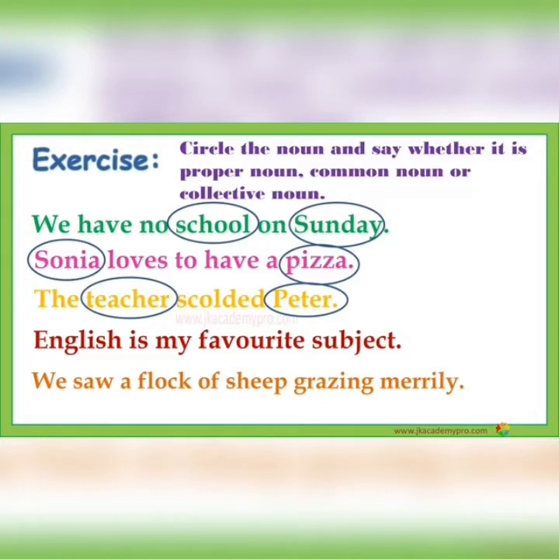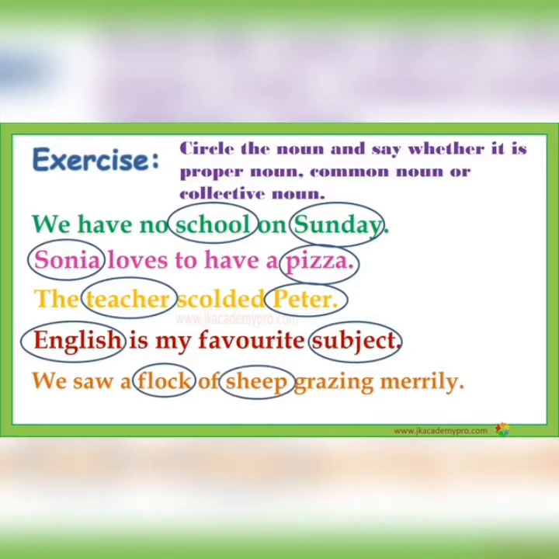In the fourth sentence, English is a proper noun and subject is a common noun. In the last sentence there, flock, of course, is a collective noun, whereas sheep is a common noun.